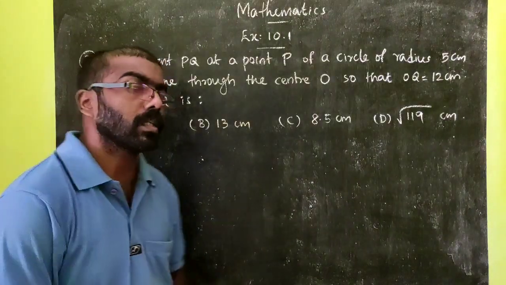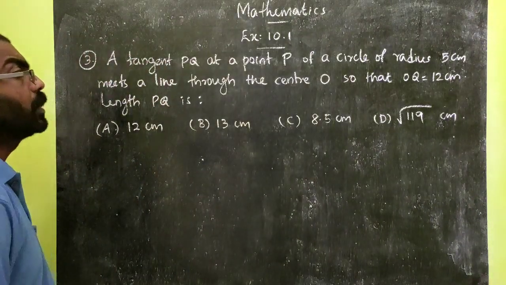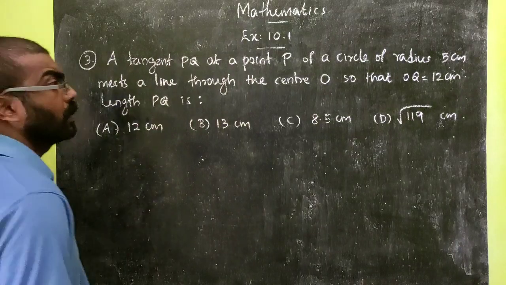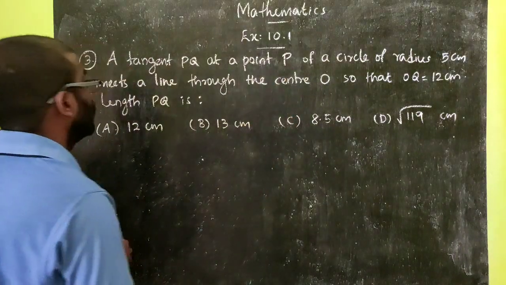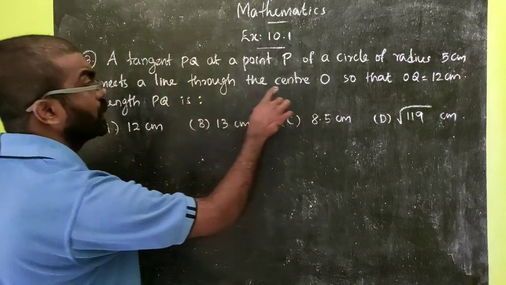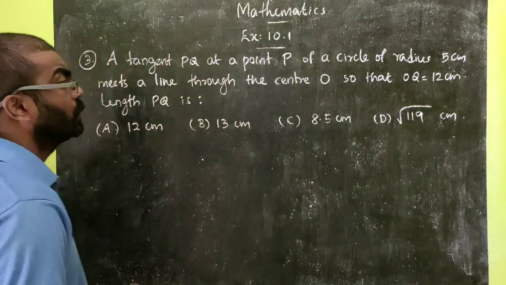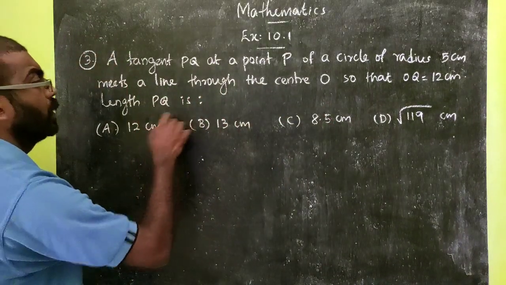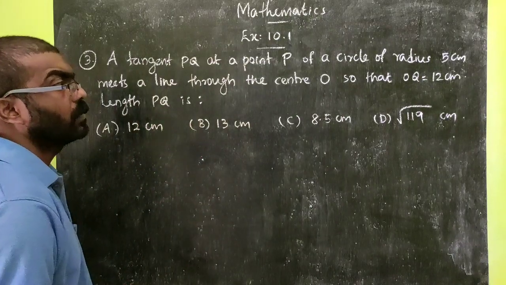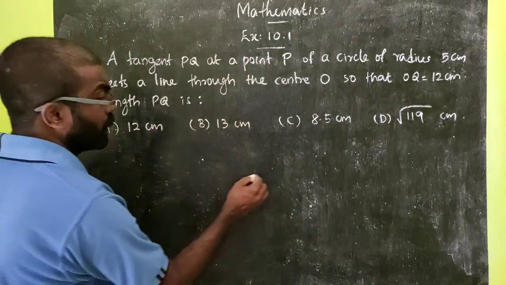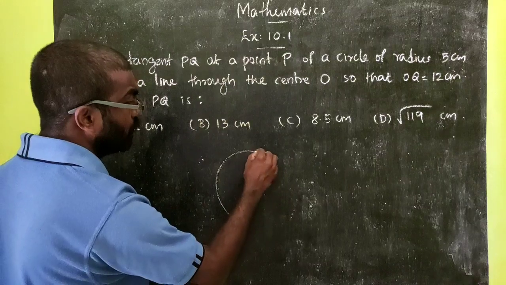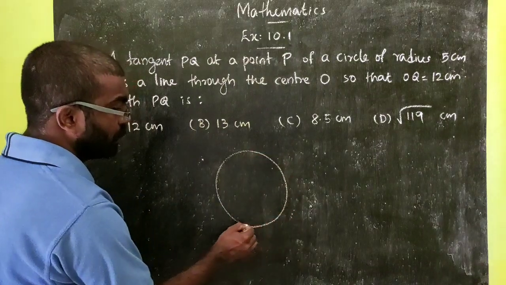Now we move on to question number 3. A tangent PQ at a point P of a circle of radius 5 cm meets a line through the center O so that OQ equals 12 cm. The length PQ is. 4 options are given. We have to choose the right one. First we can draw a rough figure according to the given information.